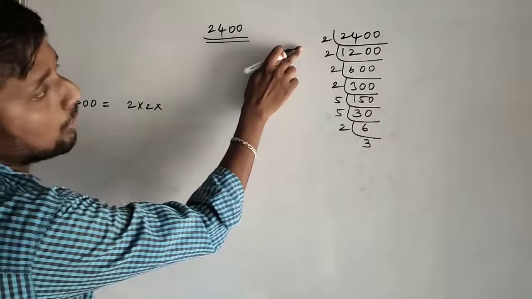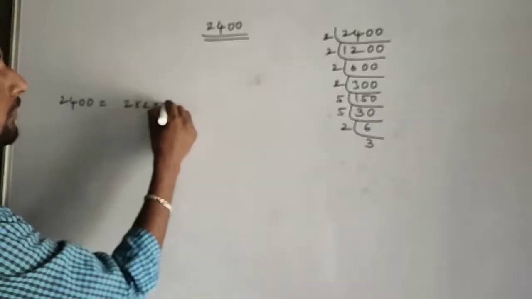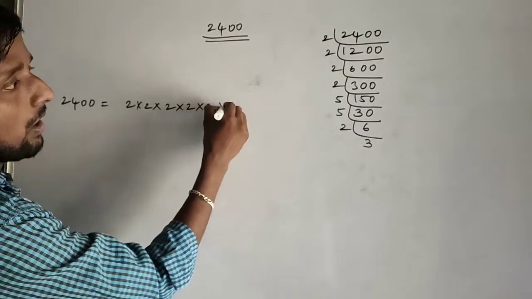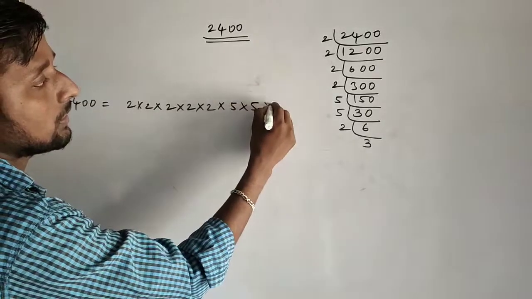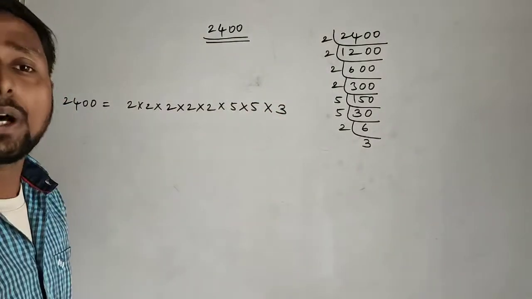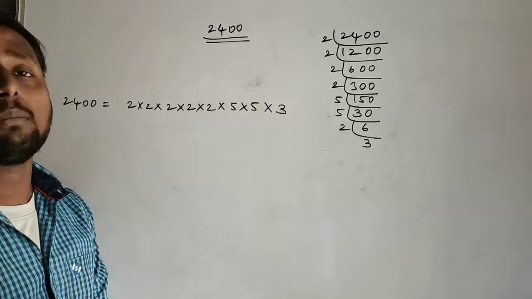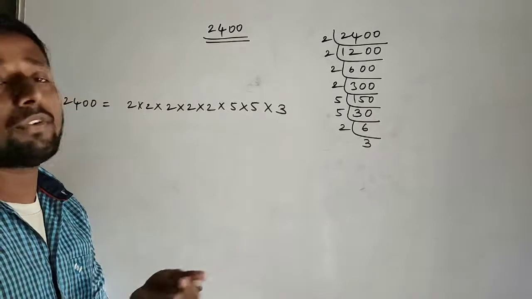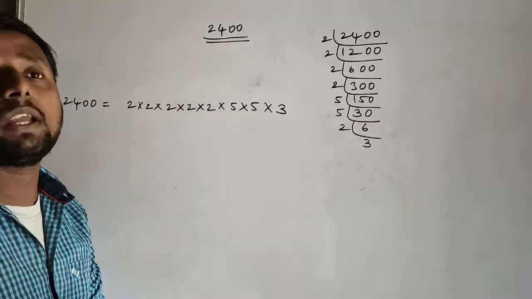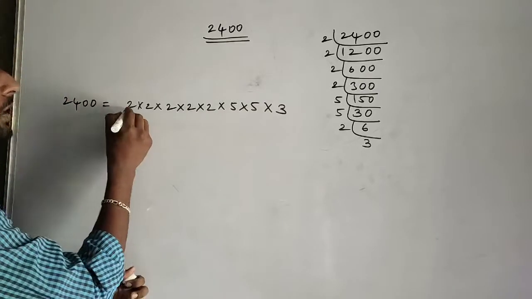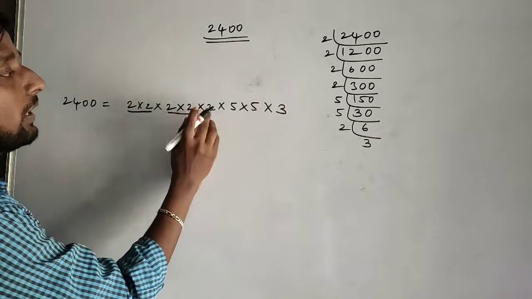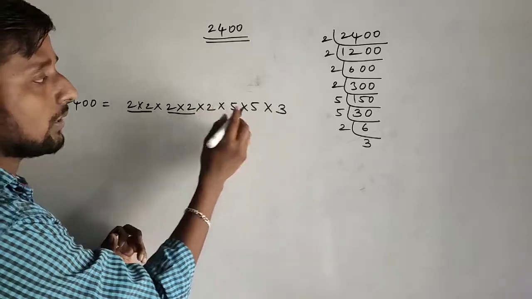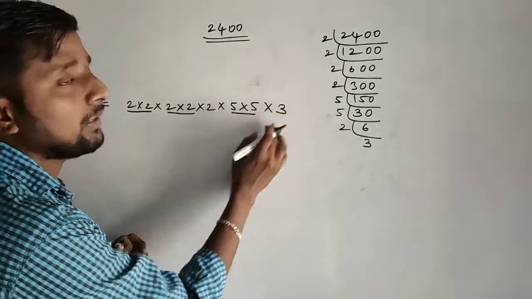2400 is equal to 2 five times, 5 two times, and 3 one time. I told you a perfect square means if you start making pairs, each and every digit should have a pair. Here 5 has a pair, but 2 is alone and 3 is also alone.